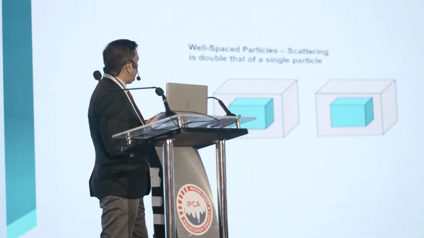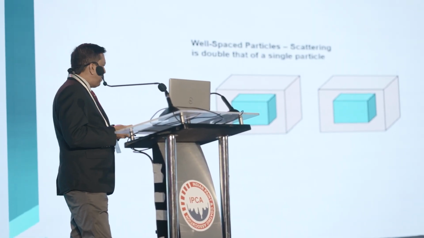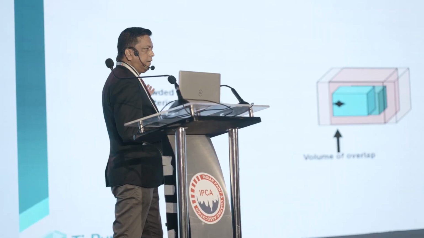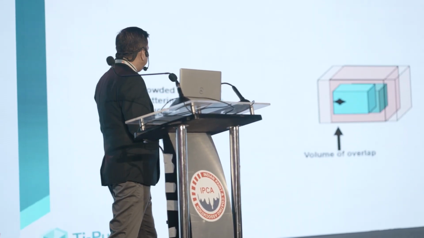So these are now 2 particles. They have spacing and they are using their entire scattering volume to give complete opacity. But what happens if they come together? If they come together, there is an overlap of volume, which basically sacrifices scattering efficiency.